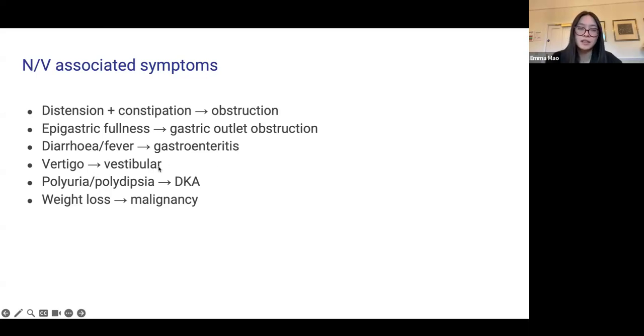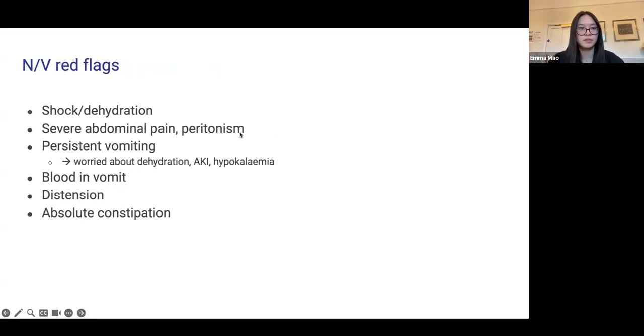If they also feel dizziness, think vestibular. If they are associated with polyuria and polydipsia, ask to check their blood glucose. History of diabetes could be DKA. And weight loss, fatigue, and night sweats, think about malignancy. Okay, and here are the things to look out for.